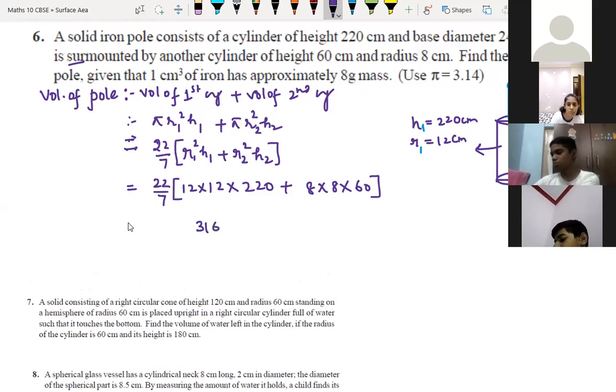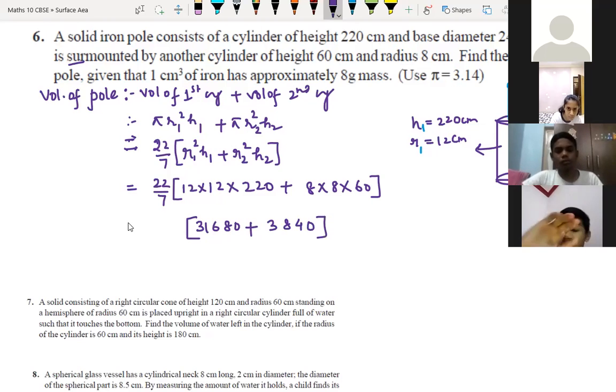So 31680 plus 8 into 8 is 64, 64 into 60 is 3840. Then you divide by 22 by 7.